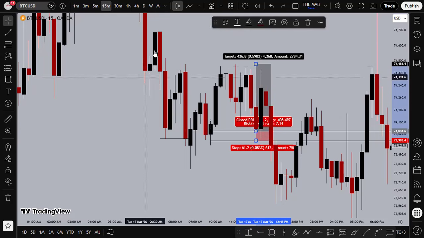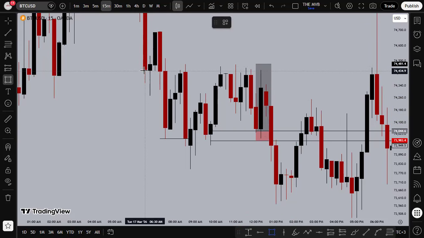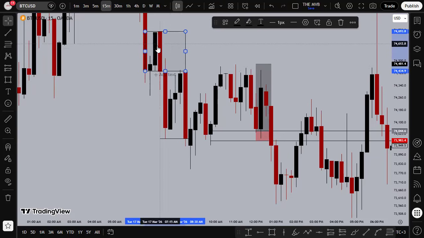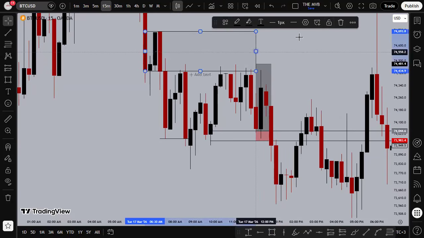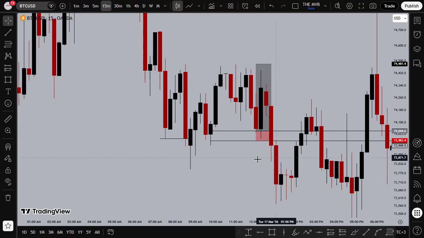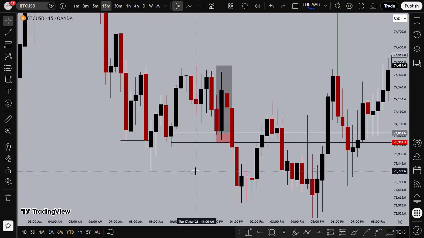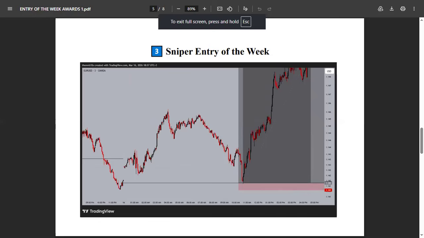I said, because we have areas of liquidity left behind in this structure, we can come and collect them and then move again. So it was a very stupid mistake. I hope you can learn from that mistake and never repeat it as I did. Okay, so that was the loss of the week. All right, let's go to the next category.